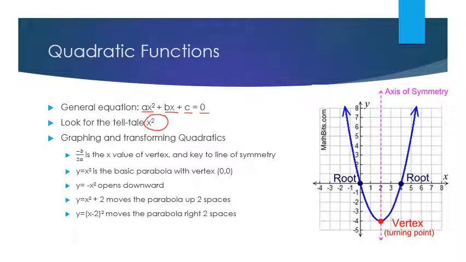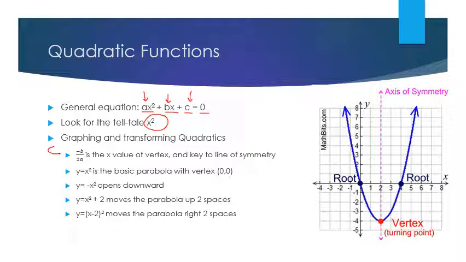This gives you a lot of good information. A is the first coefficient, b is the second coefficient, and c is the constant. And we'll be getting to use these coefficients in some important formulas, such as this next one where we find the vertex.